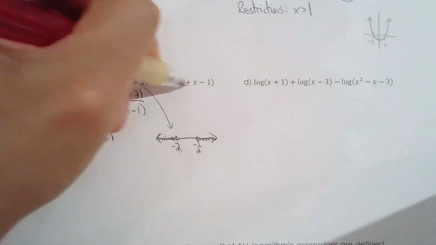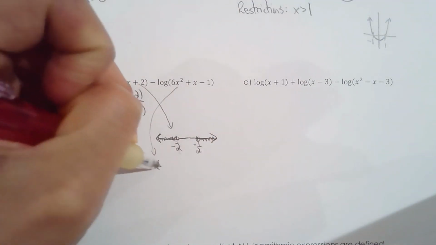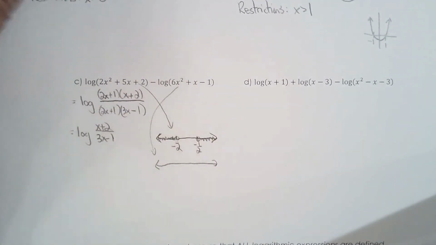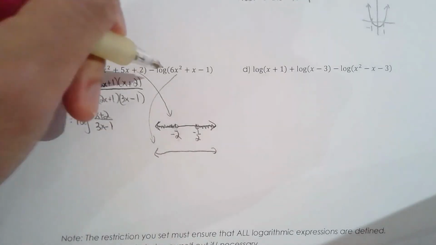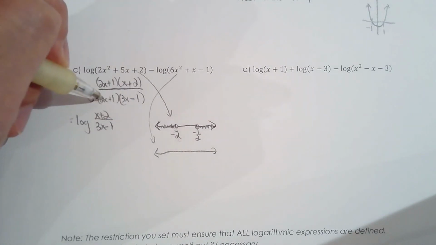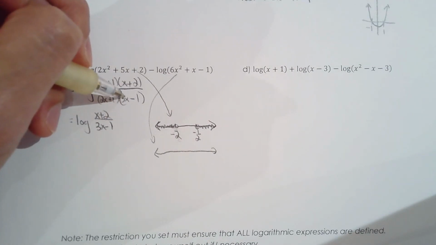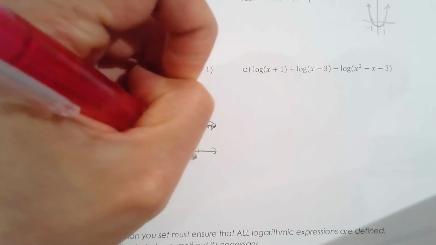And for this one, of course line up the numbers. So this one has zeros of negative 1/2 and 1/3.